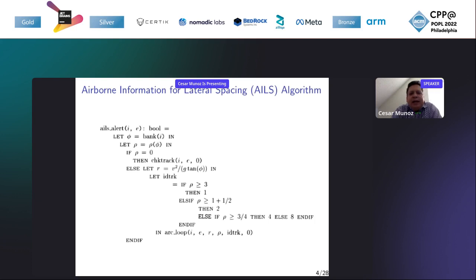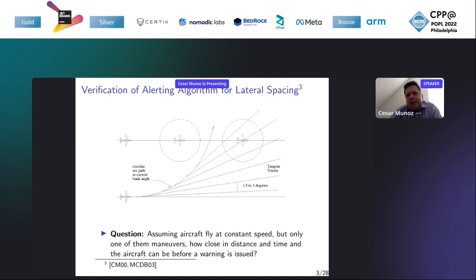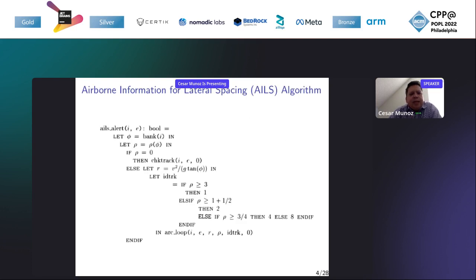There are trigonometric functions, and there is a loop that I am not specifying, and it can be found in the paper. But this loop, the last line in this algorithm, the arc loop, is actually the part of the algorithm that is going to generate these trajectories for the intruder, and check if those trajectories intersect the protected area of the aircraft.